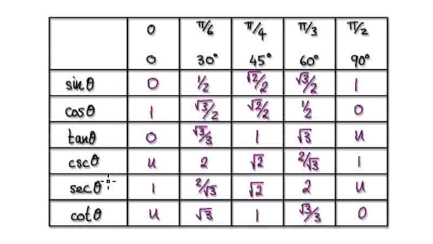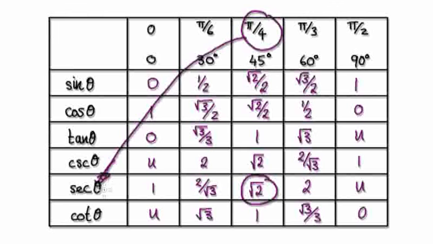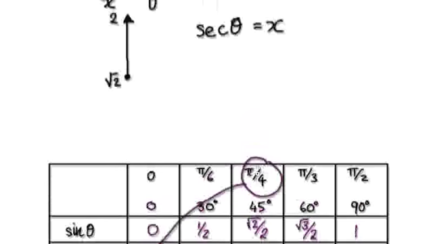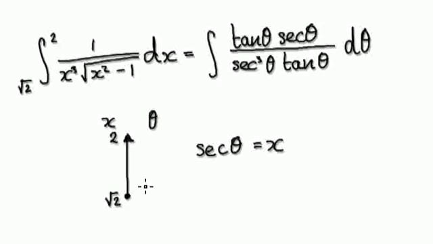We are really looking for secant of what will give us square root of 2. Well, secant of pi over 4 will give you the square root of 2. So when you look back to this, this here should be pi over 4.